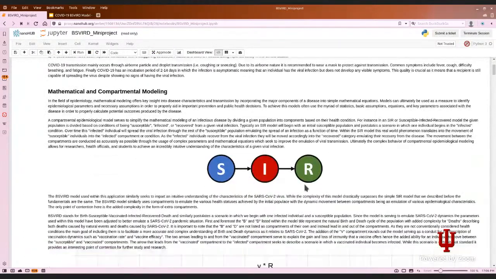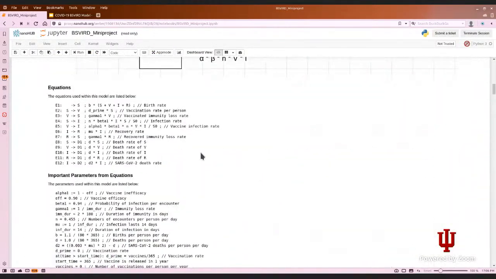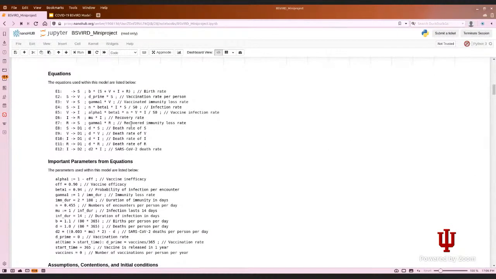Here we go. So here's the birth pathway, and there are several ways you can die in this model, but the main thing is it is basically just an SVIR model, just like the ones we worked with.